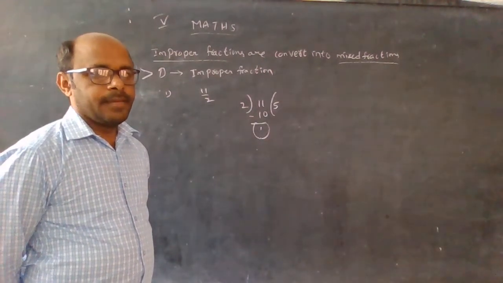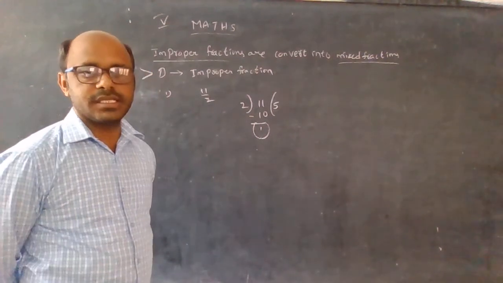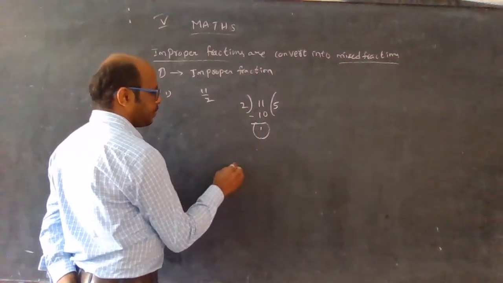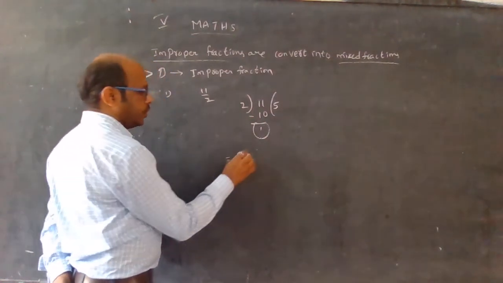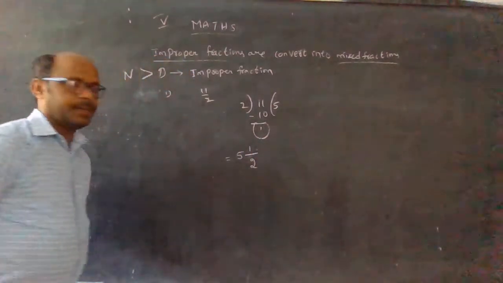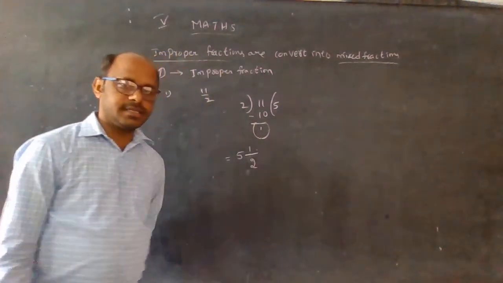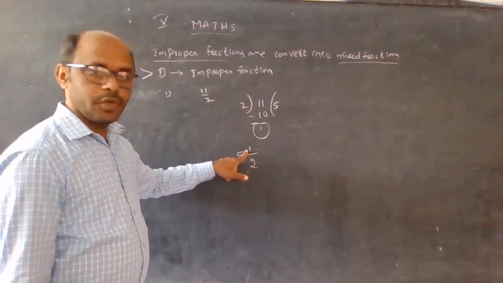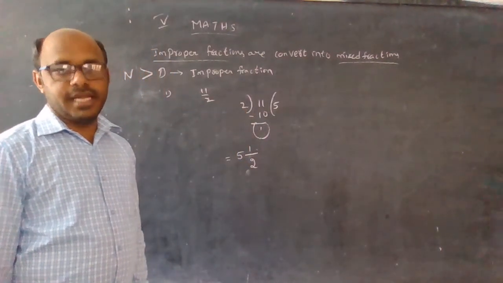So for the improper fraction we did division, then we convert into a mixed fraction. The quotient goes to the whole part, the remainder is the numerator, and the divisor is the denominator.